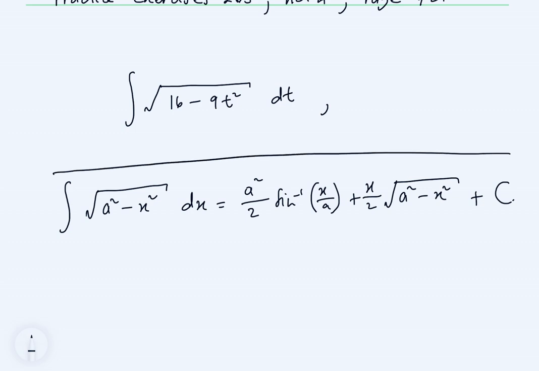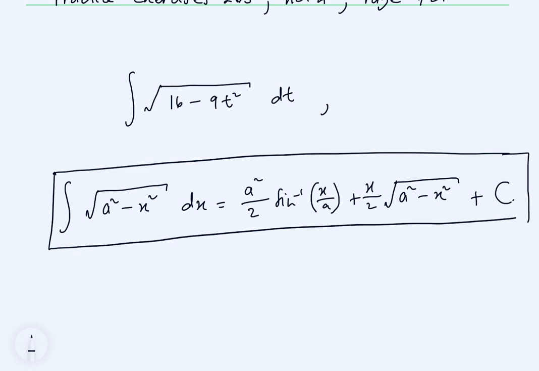This is the formula that we're going to use because the given integral that we have to evaluate takes the form of this formula.